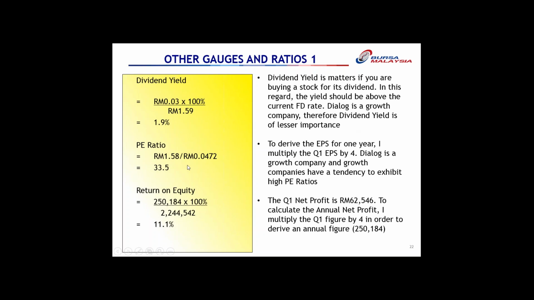The price to earning ratio is 33.5. That is for Q1, but I am expecting the whole year to be similar. If Dialog were to maintain its current net profit, divided by the kind of share price that it is, then I know that it is at a PE of 33.5.